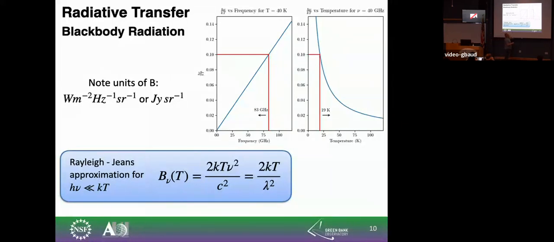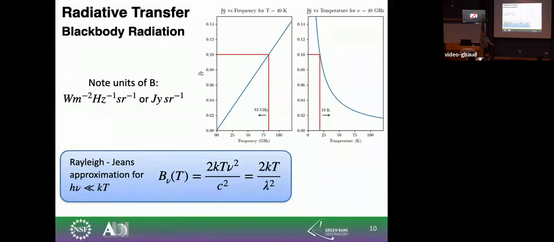So I've just put up these two plots here, where I'm saying you can consider h nu to be much less than kT at a factor of 10. So if h nu is less than 0.1 of kT, then this is true. And you can see that this is true below 83 gigahertz if your source is 40 Kelvin. 40 Kelvin depends on what you're looking at.